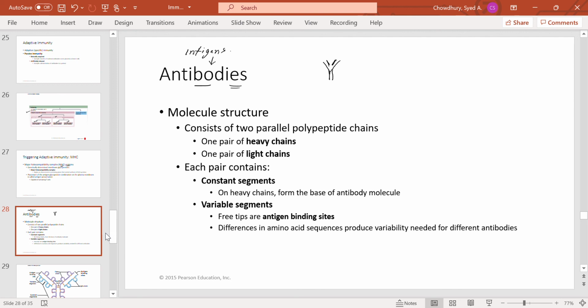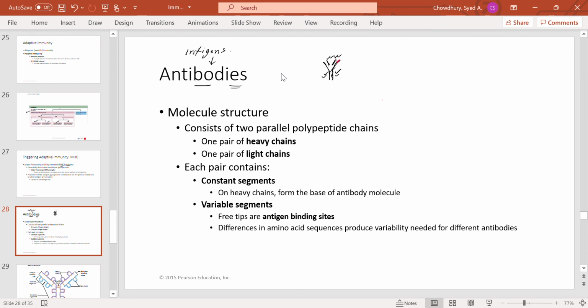Now antibodies are protein structures formed by protein chains. So how many chains do you have here? You see 1, 2, 3, 4, right? And these 2 are heavy chains because they are bigger and longer, and these 2 are light chains. Make sense? And if you look more carefully, both heavy and light chains have 2 parts.